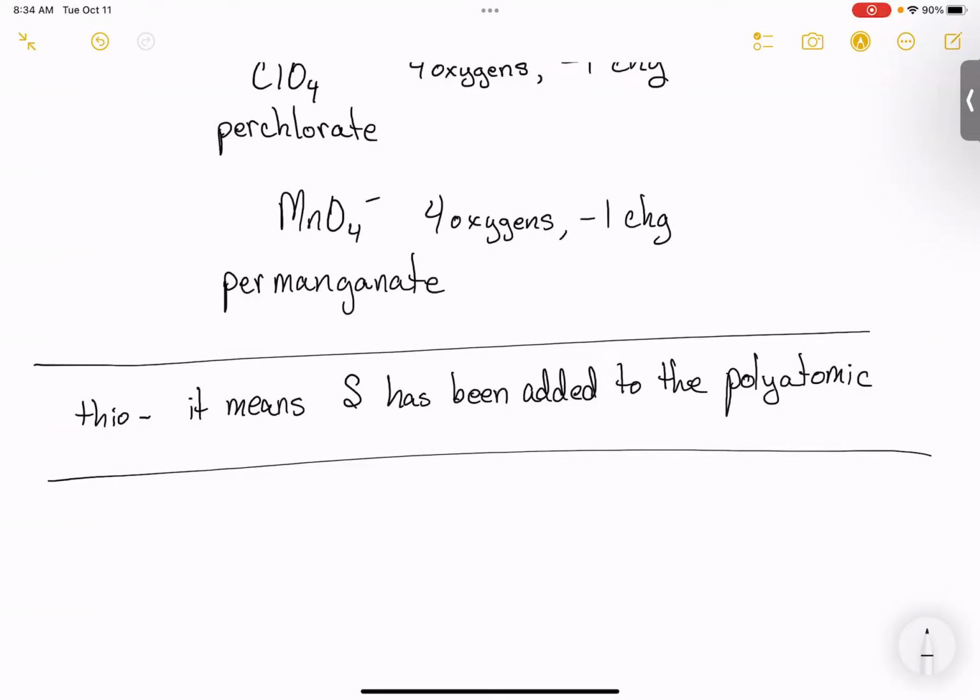You just need to know group 1, group 2, silver, zinc, cadmium, aluminum, gallium, and indium are always the same charge. So they just get their name plus ion. And then all the rest of the metals, you've got to have the Roman numeral with. So you shouldn't be memorizing those.